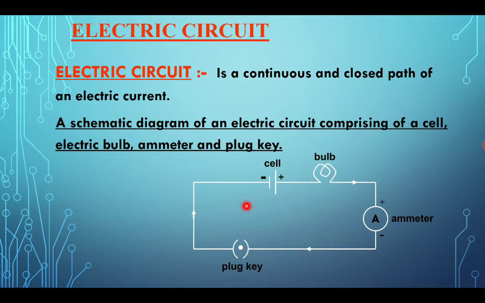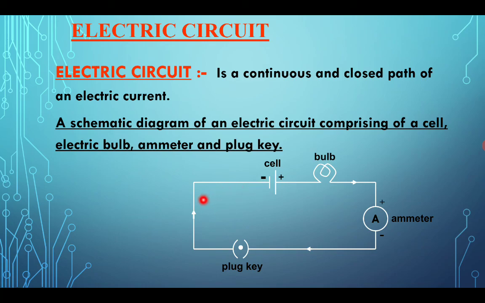In the next lecture we are going to discuss the various components, such as what a cell is, what a bulb is, the symbol for an ammeter, and the symbol for a plug key. We have many other devices whose symbols we will use in circuits, like rheostats, galvanometer, variable resistance, and many more.